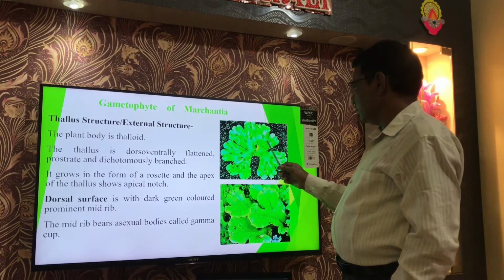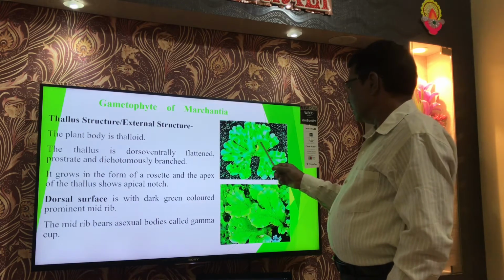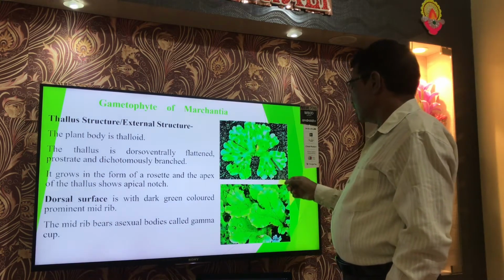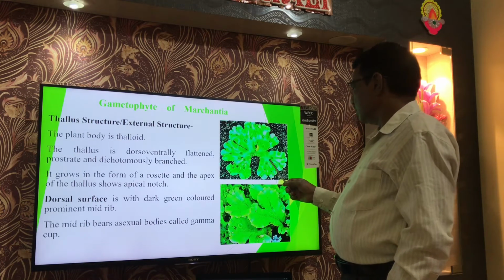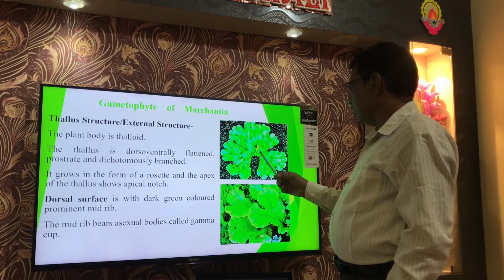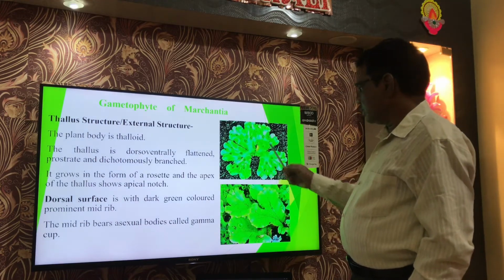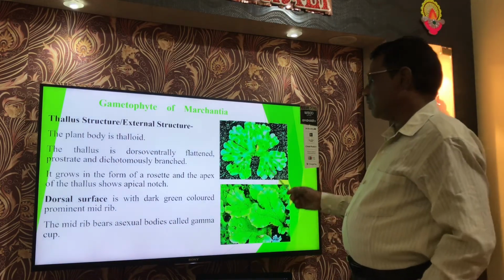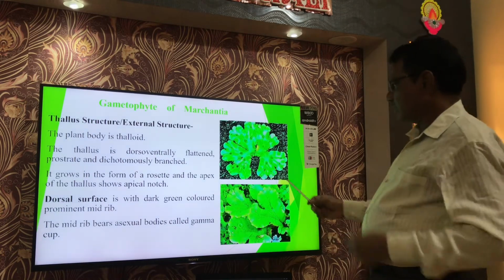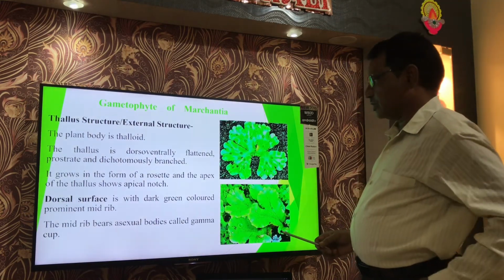If you observe, these thalli are growing in close vicinity and all are arising from one point. So it results in the formation of a rosette structure or a star-shaped structure.